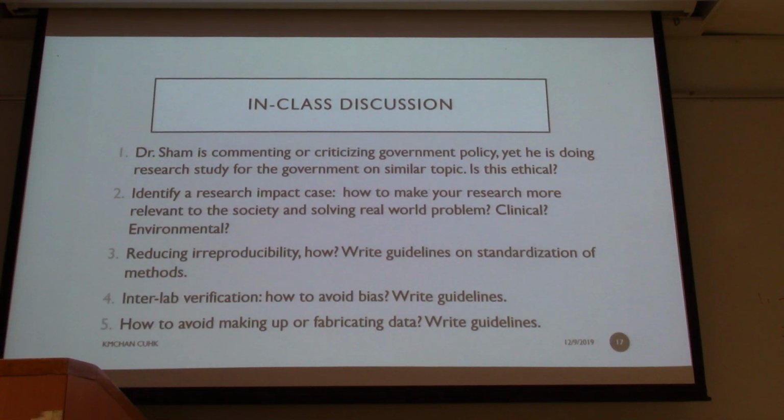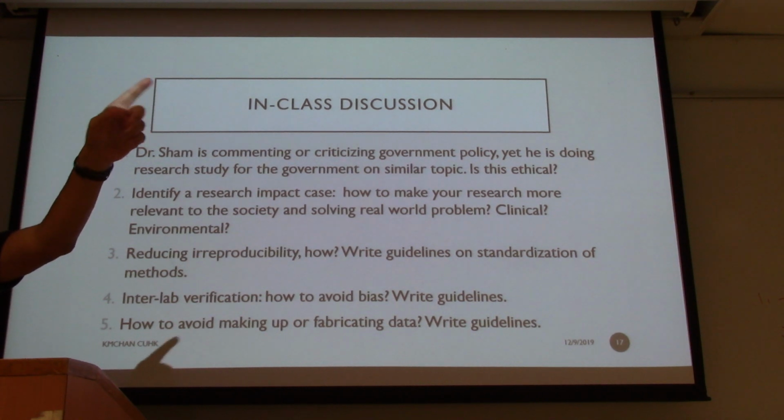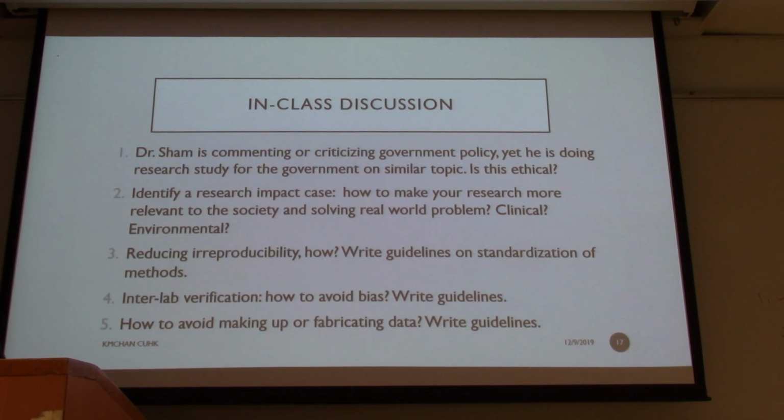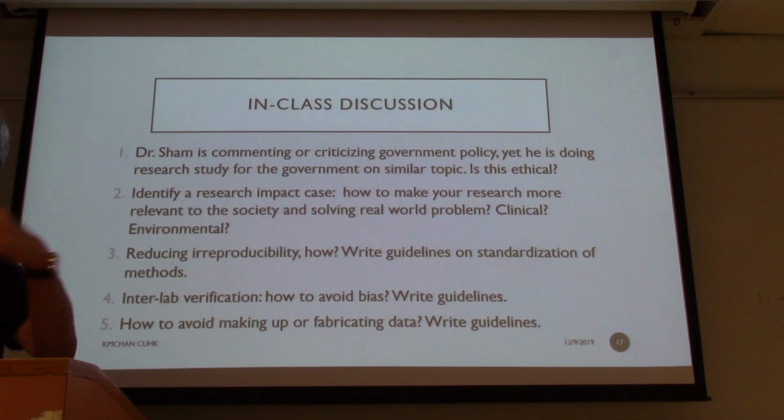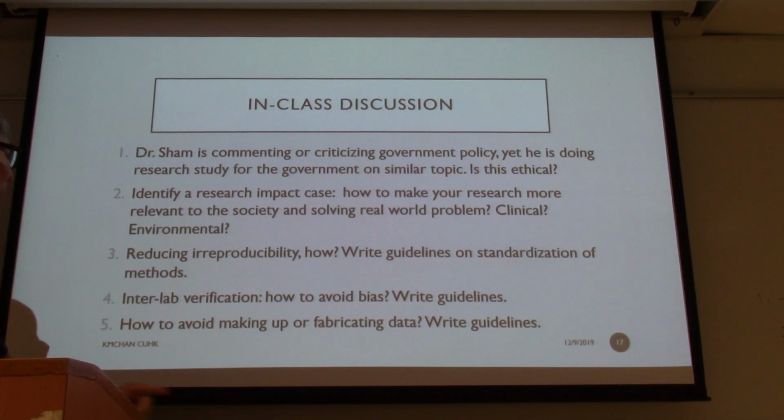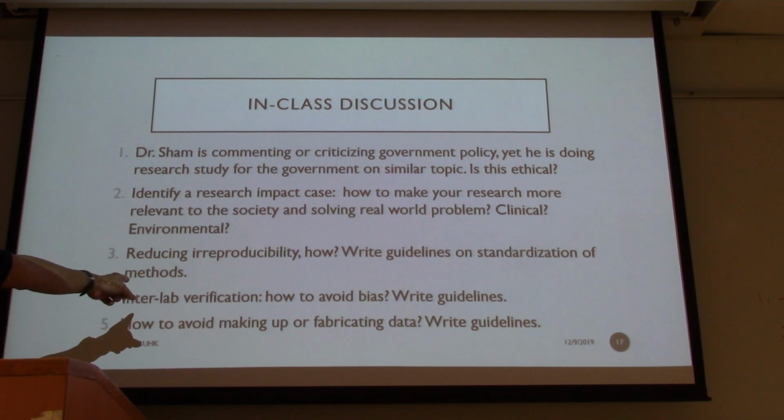So what's the guideline? For example, give you a hint. You just don't tell them exactly what promoter it is. You have 5 promoters A, B, C, D, E, and then you have 4 chemicals. And then in different teams you change the name, right? That would be a good way to do interlab verification.